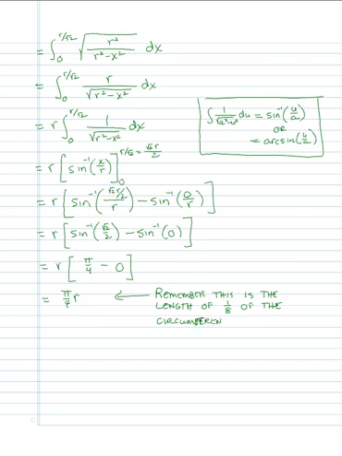So the circumference of this circle is going to be 8 times that amount. 8 times pi over 4 times r. And of course, 8 times pi over 4 ends up being 2 pi. So this is 2 pi r.